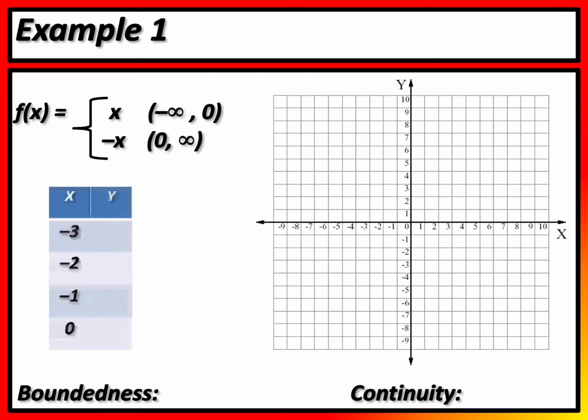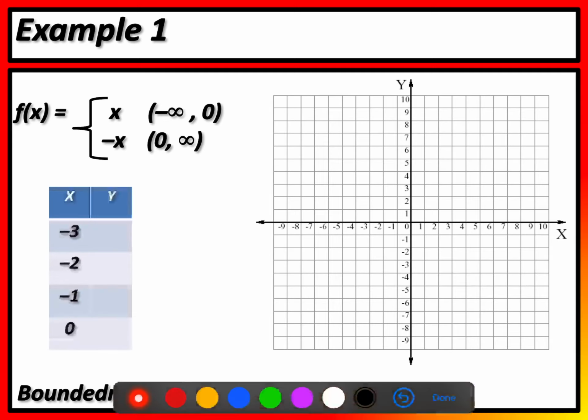Okay, so for my first function, these really mean y equals x and y equals negative x. If these are my domain over here, this is telling you the x values that you want to use, the x values to put in your table. If it's negative infinity to 0, that means all of the negative numbers up to, but not including 0.